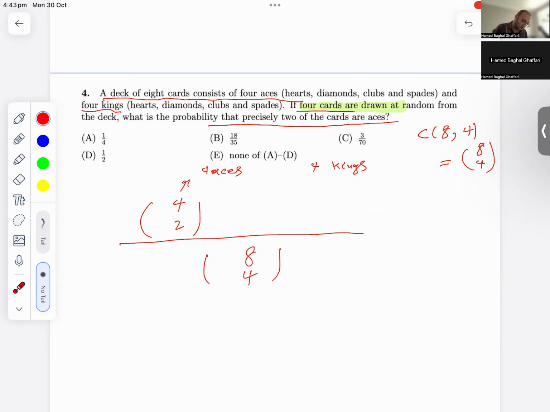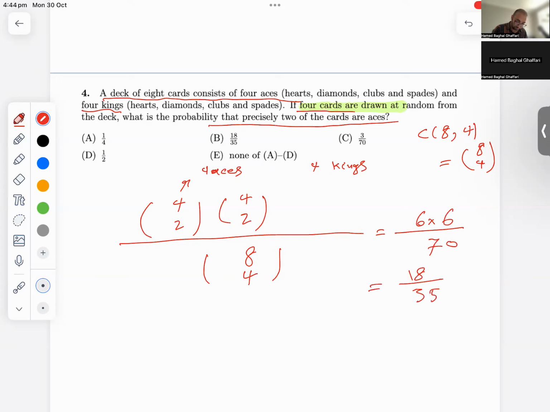They are 4, so I can choose 2 kings from 4 kings in 6 ways, or 4 choose 2 ways. So from here, 6 times 6, and if I calculate this, it will be 36 over 70, which is 18 over 35 after simplification. So the answer is part B.